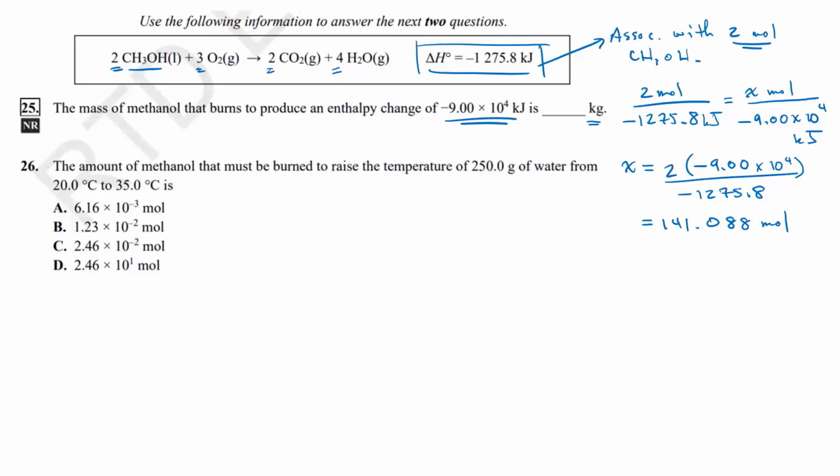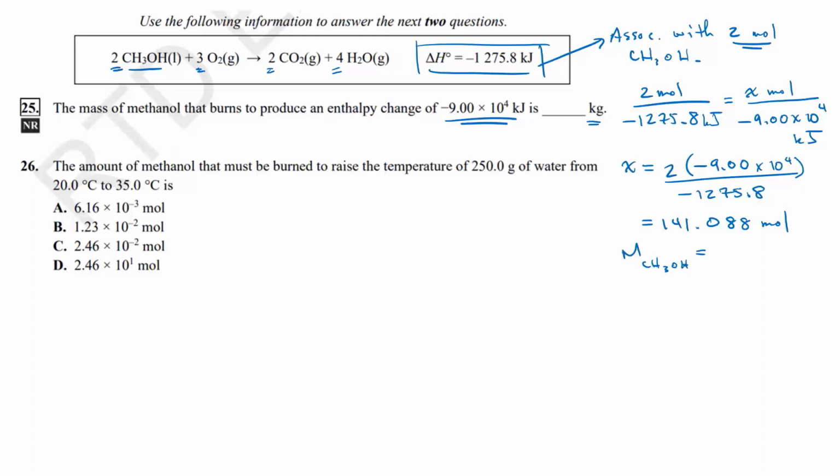Now that we have that number of moles, we use the molar mass of methanol. When calculating the molar mass, make sure you use the atomic mass values that are given in the periodic table in your data booklet. Otherwise, you're not going to get the correct answer.